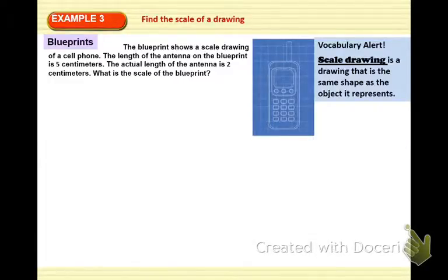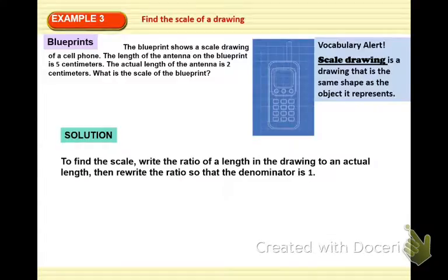So when we do the scale, we take the ratio of the length of the drawing to the actual length and rewrite it so that the denominator is 1. So the length of the blueprint goes on top. The actual length goes on bottom, so it's 5 to 2. Right? We divide both sides by 2, and we'll get 2.5 over 1.